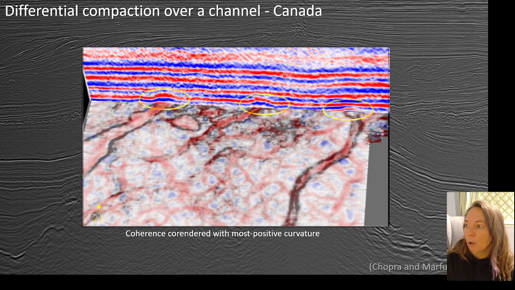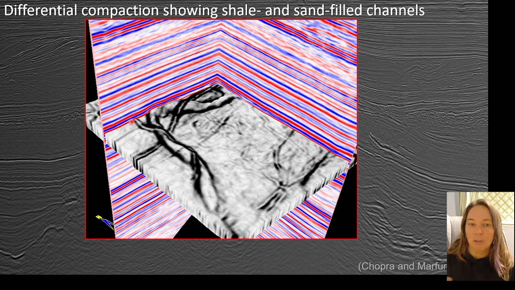And so as we co-render those, you can clearly see the areas with the most positive curvature in the seismic, and the coherence showing the edges of the channels. And so you can, of course, do lovely mini animations just to show this and communicate what you're seeing in seismic to your team.